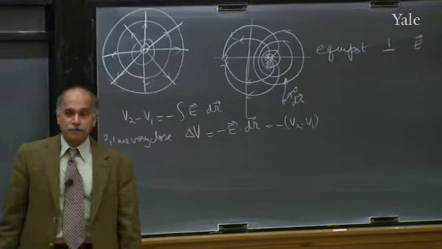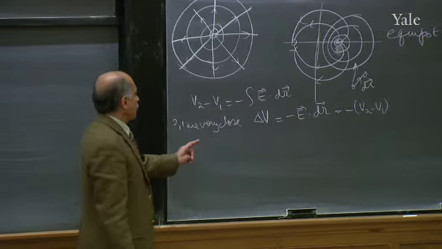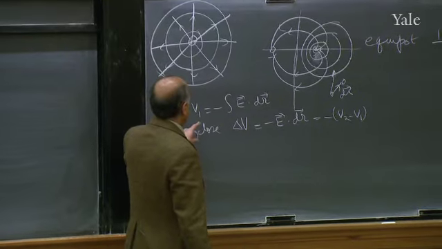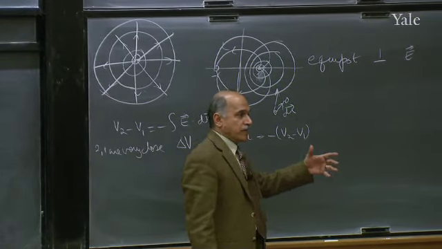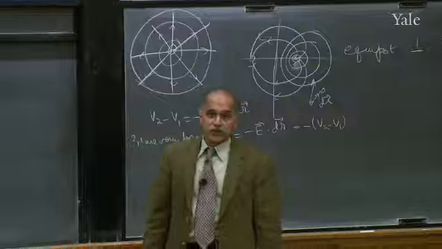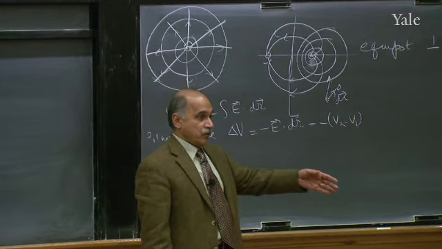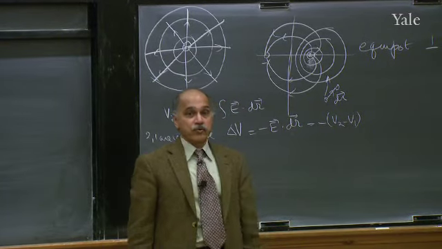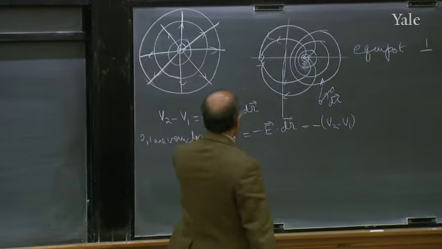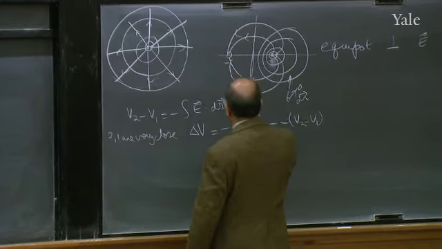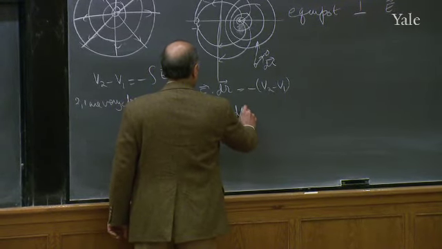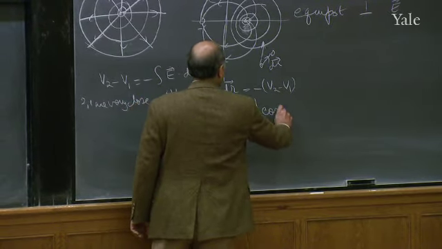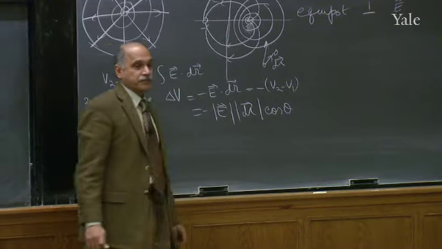What does that mean? That means if you start at some point and you take a step dr, and you find a change in potential, the answer depends not only on the length of your step, but on which direction you move. Because of this dot product, the change in potential will be the magnitude of the electric field at that point, the magnitude of the step length, and the cosine of the angle between them.